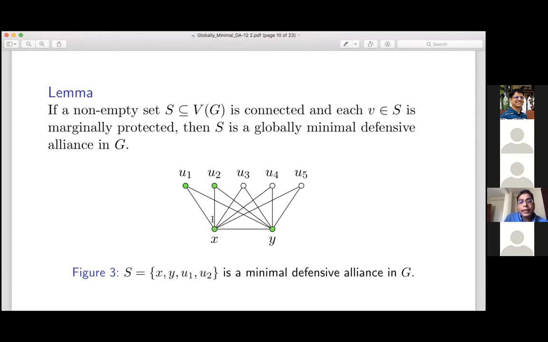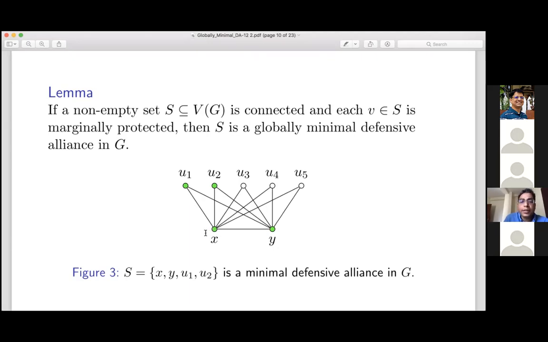And I can see that X is marginally protected because X has 4 neighbors in S and 3 neighbors outside S. So if the number of neighbors in S is at most 1 more than the number of neighbors outside, the difference could be at most 1, I mean, the number of neighbors inside S could be at most 1 higher than the number of neighbors outside S, then the vertex is said to be marginally protected.